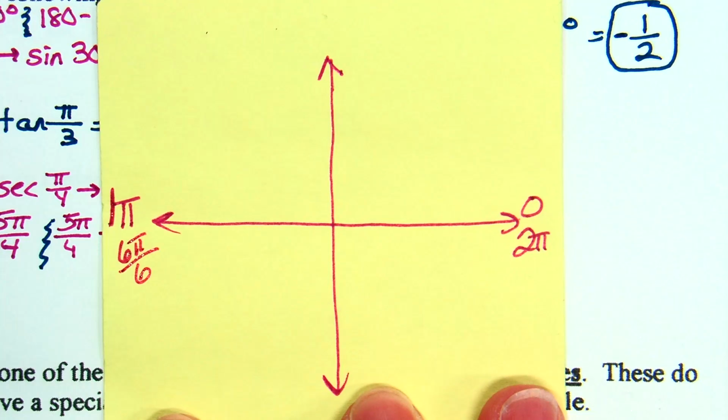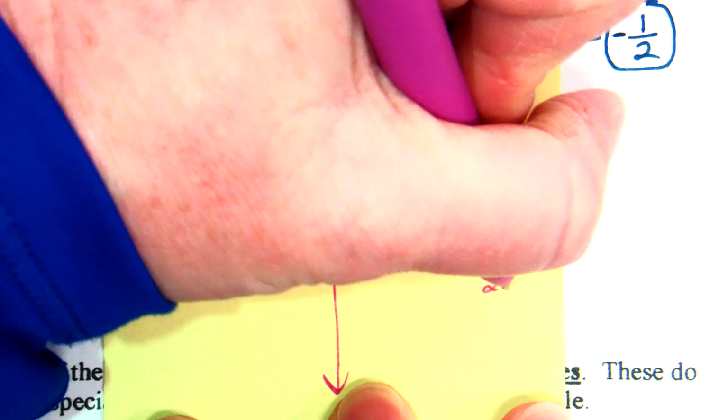What's 2 pi? If you take 2 pi over 1, it is 12 pi over 6.